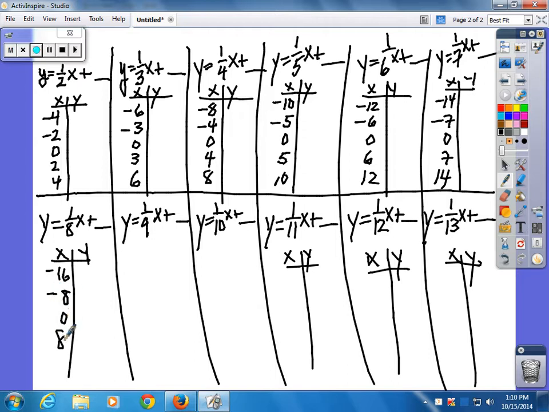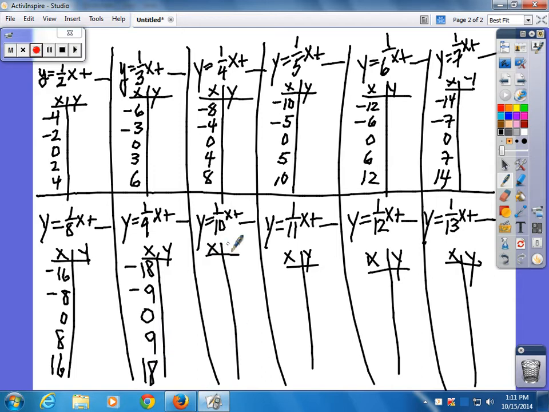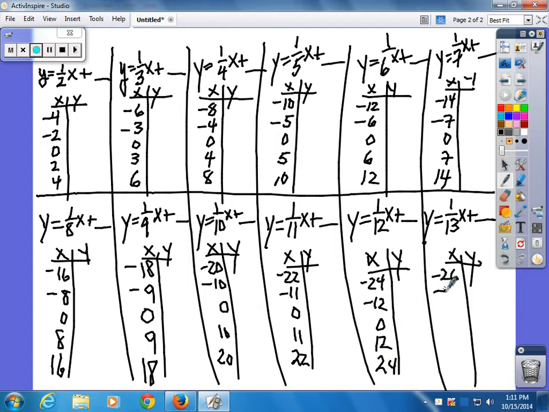How about 9? -18, -9, 9, and 18. 10: -20, -10, 0, 10, 20. 11: -22, -11, 0, 11, 22. 12: -24, -12, 0, 12, 24. 13: -26, -13, 0, 13, 26.